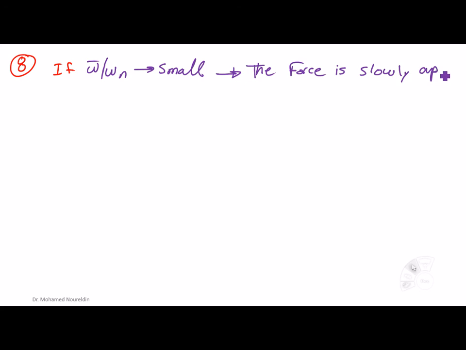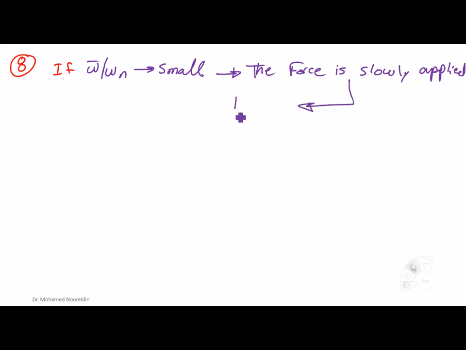So in the figure, let me put it in another color here. If omega bar over omega n is small, then this means that the force is slowly applied, or slowly varying.